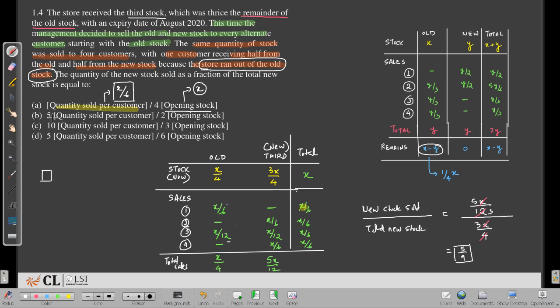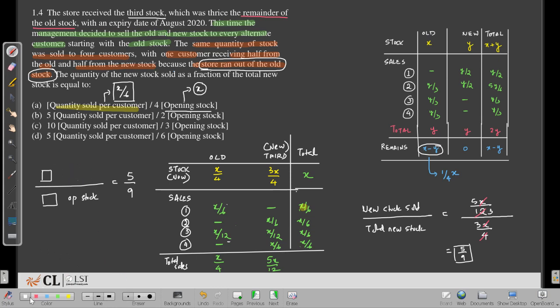Anyways, this has got some particular value, with quantity sold per customer in the numerator, divided by some particular value, the opening stock. This should be equal to 5 by 9. We know the quantity sold per customer in this case is x by 6.